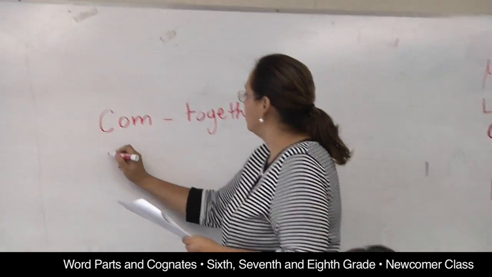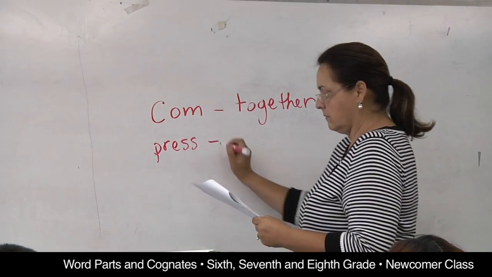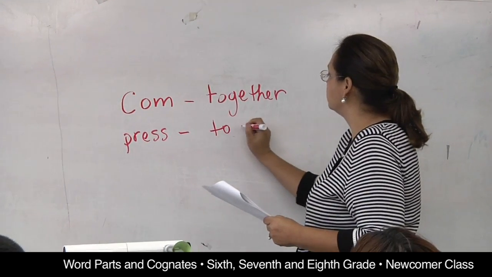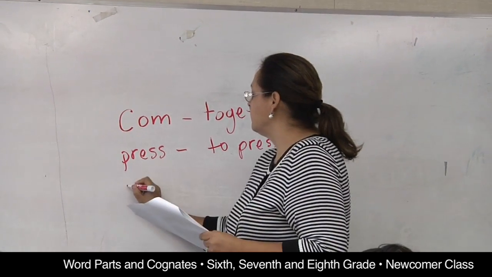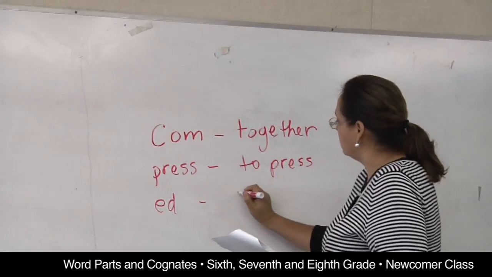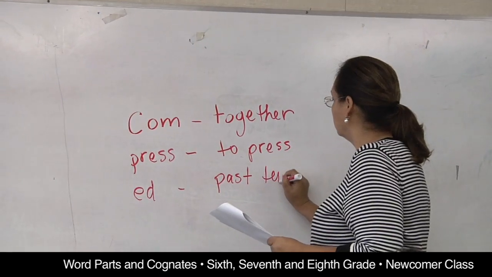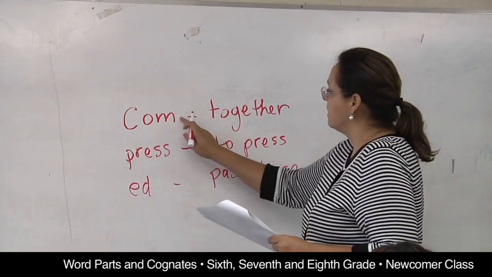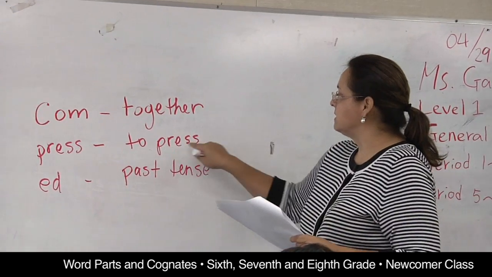Then you have the word press, which means to press. And then it's written in the past tense. So you have compressed, okay? So this means together and this means to press.